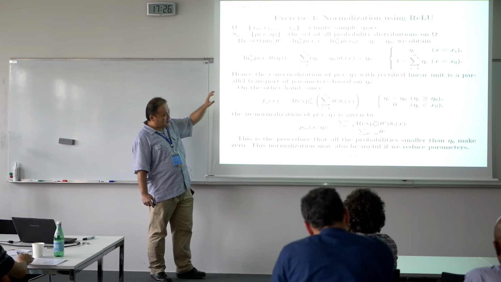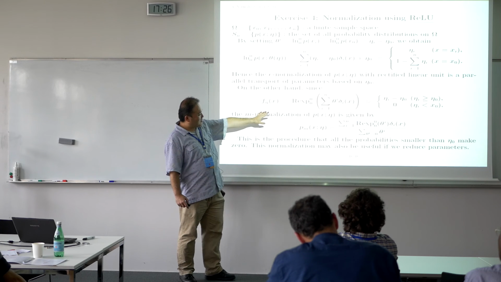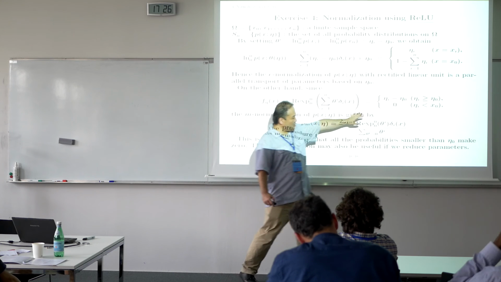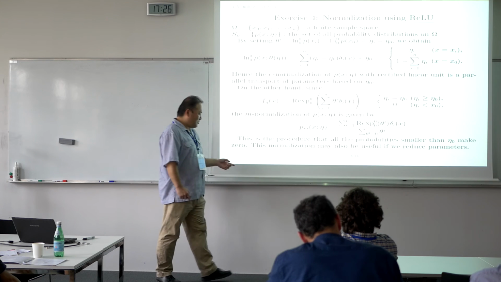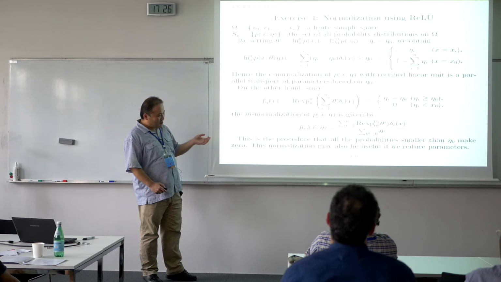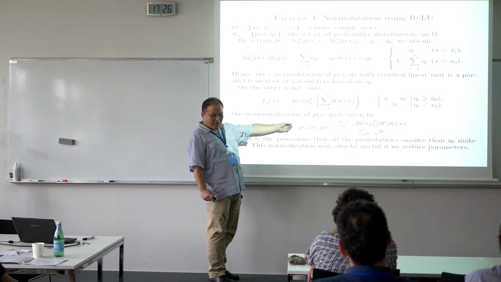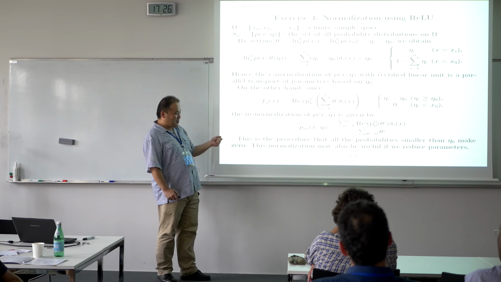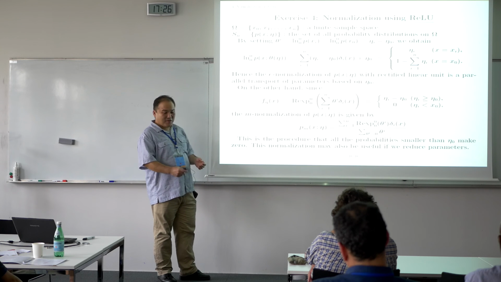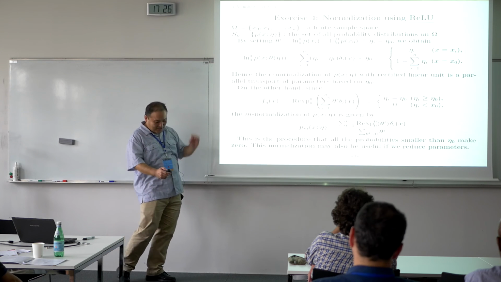But if we consider mixture normalization, then the answer is like this. In this procedure, all probabilities smaller than eta 0 become 0. So this normalization may also be useful for parameter reduction, but I don't know of further results.